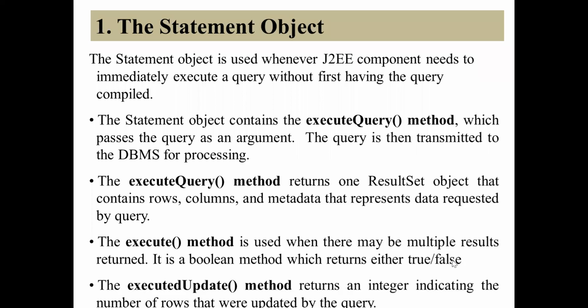This is very important. So executeQuery will immediately execute the process in the DBMS. It returns one ResultSet containing rows and columns and also the metadata, and this metadata represents the data requested by the query.